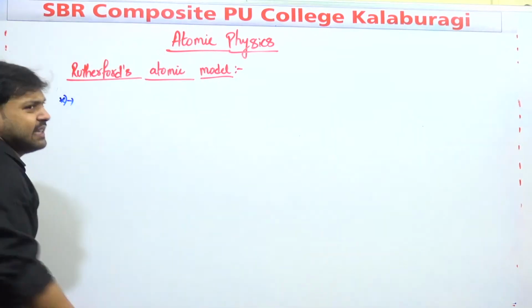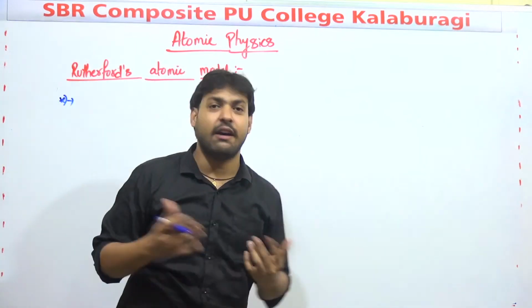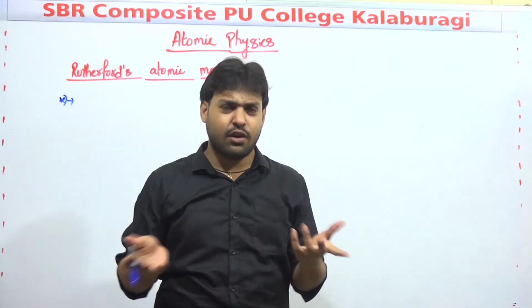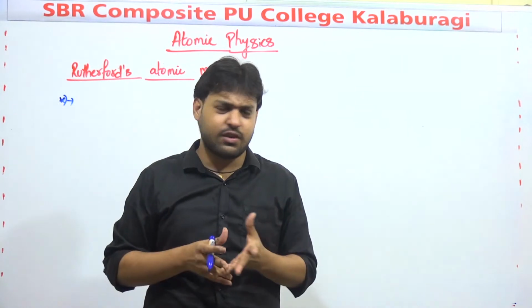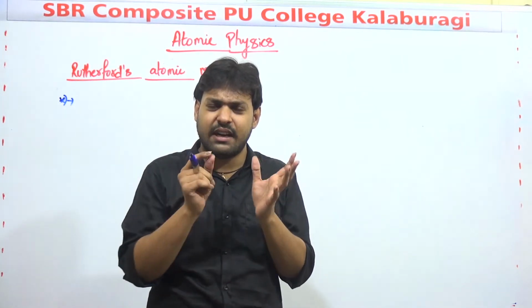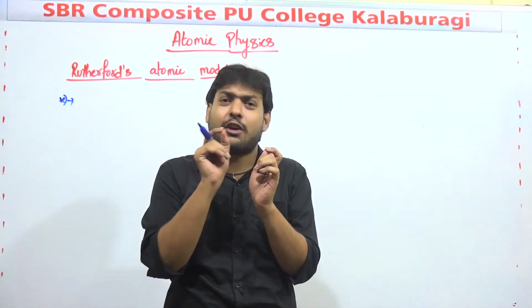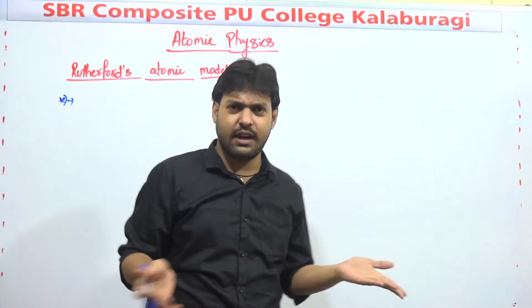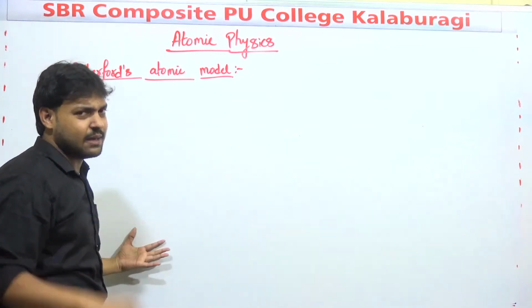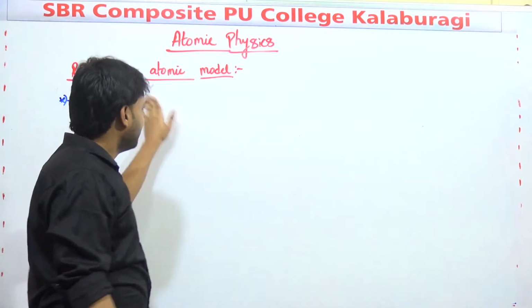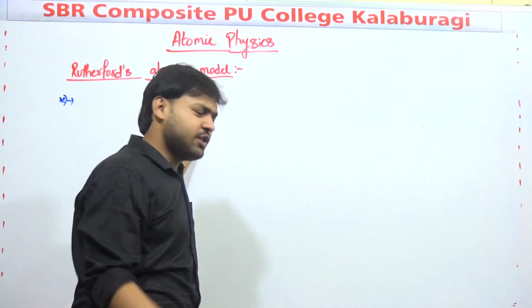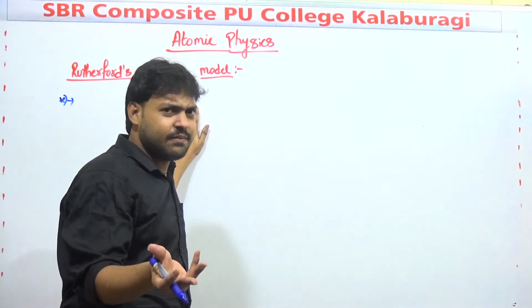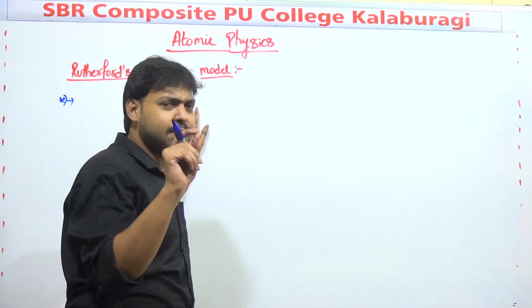Now, what are the things we have to consider? He developed the nucleus, right? Every atom has a small core particle, which is called the nucleus. We know that. So these are points you have to write in the board exams. What do you have to write in the first point? The first point is that every atom is made up of the nucleus.